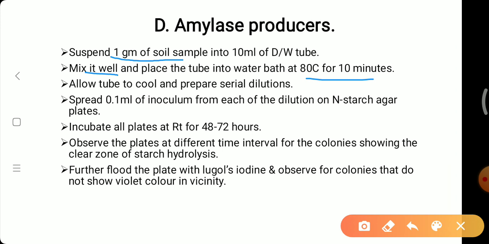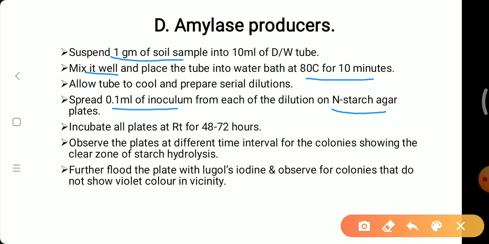Allow it to cool down and prepare serial dilutions. Then we will take 0.1 ml aliquots from each of the dilutions and spread onto the nutrient starch agar plate.